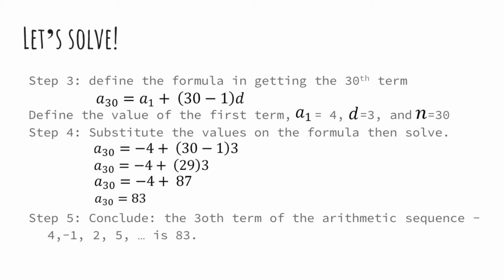Simplifying this equation using the distributive property and the addition of integers, we now have the final answer for the 30th term, which is 83. So if we continue the same pattern for -4, -1, 2, and 5, the 30th term of this sequence is equal to 83.